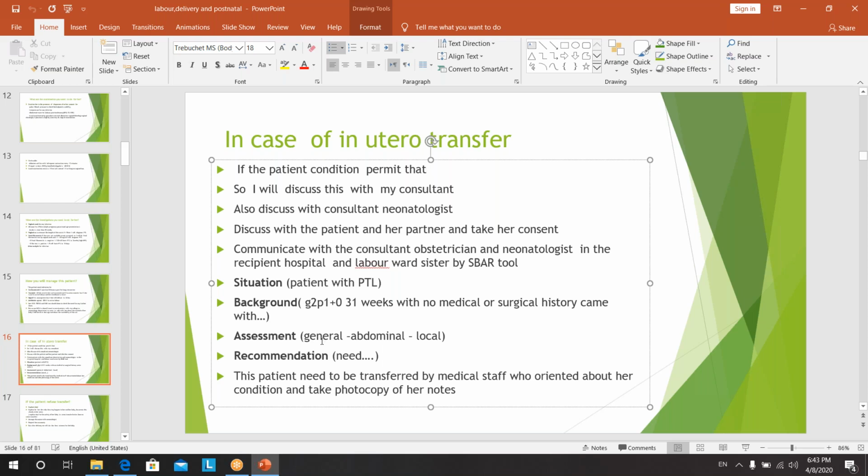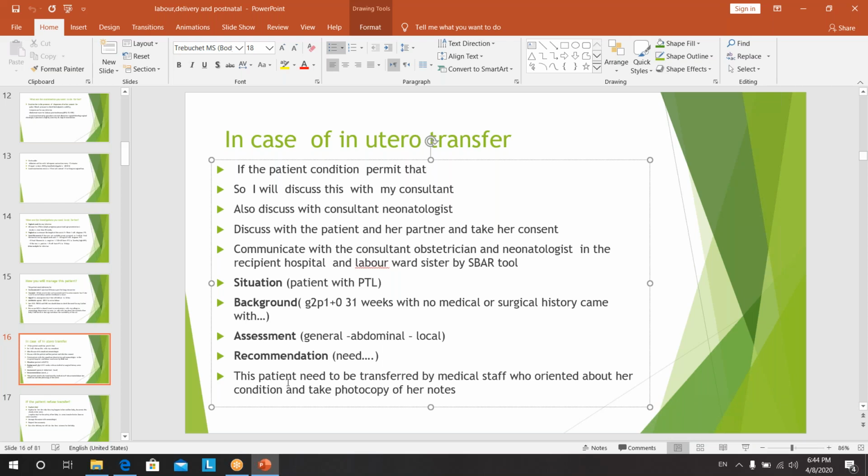You have to tell the blood pressure, pulse, abdominal examination and local examination. And what are your recommendations? This patient needs to be admitted for 1, 2, 3, 4. So this is how to hand over a patient to any of your colleagues by the SBAR tool.